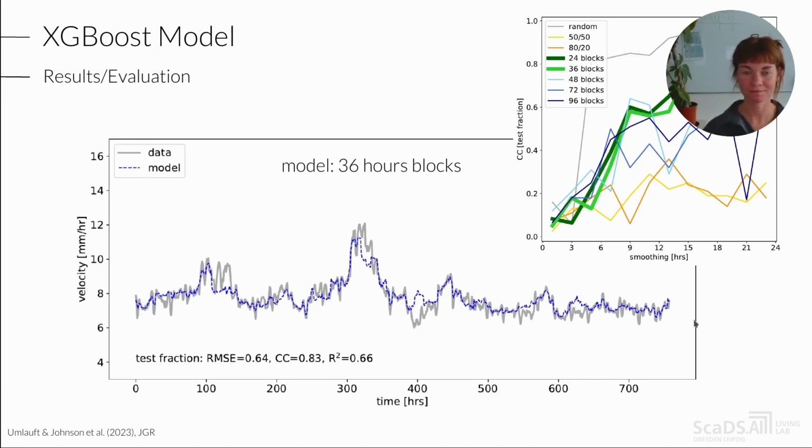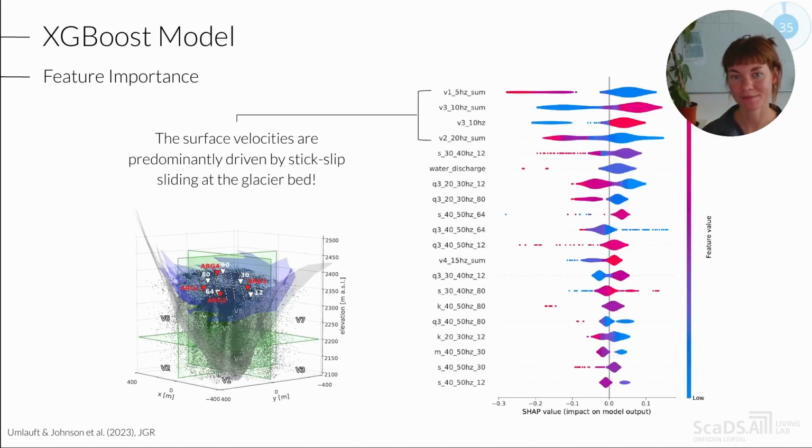And with a prediction horizon of 36 hours, that's in case of a massive sliding event, of course, something that would be helpful. We are not there yet. Just let me state that this is the first study of this kind. But we will apply this to other types of glaciers, of course, and test the robustness.